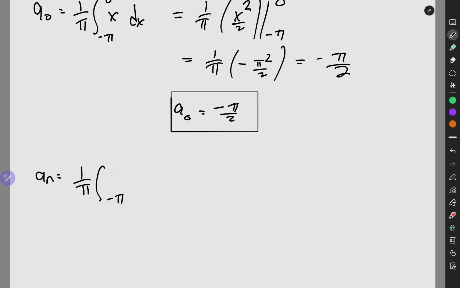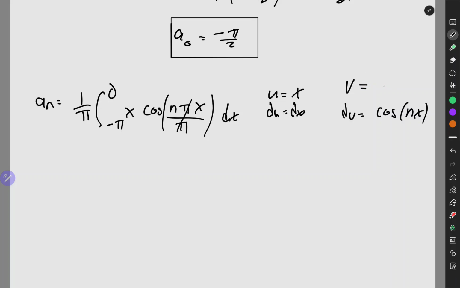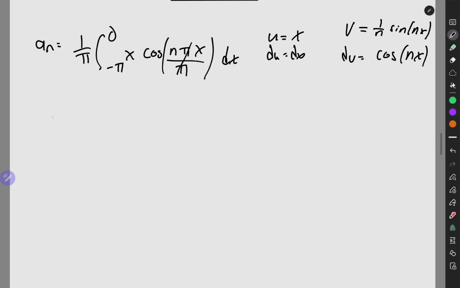But this is the integral from negative pi to 0 of x cosine of n pi x over L, which is pi, so the pi's cancel. We use integration by parts: u is x, dv is cosine nx dx, du is dx, and v is sine nx over n. We have uv minus the integral of v du.